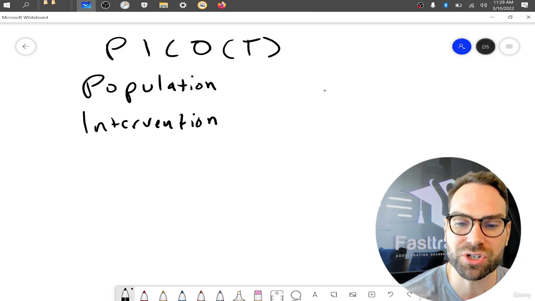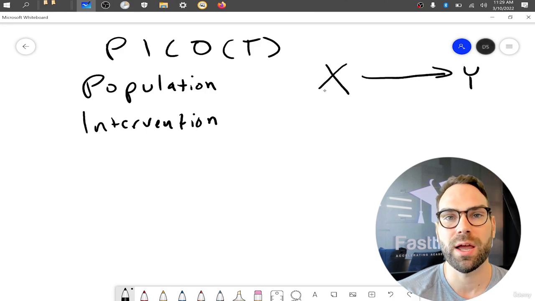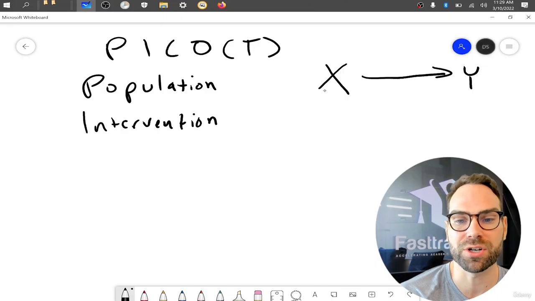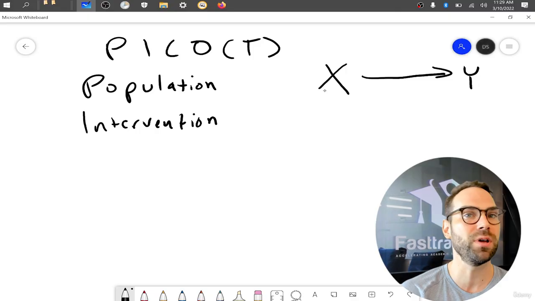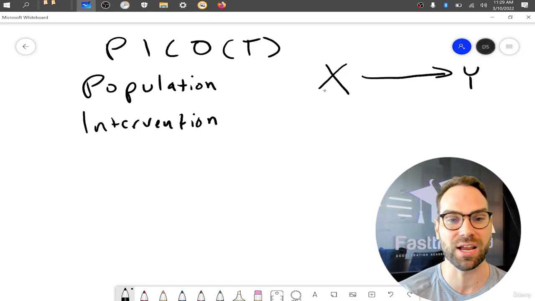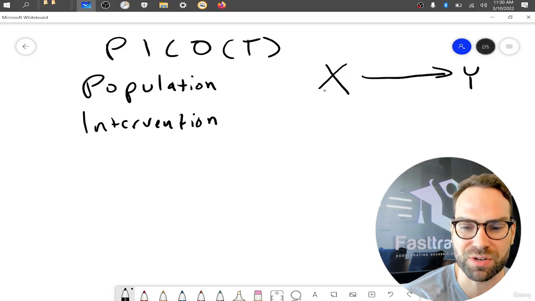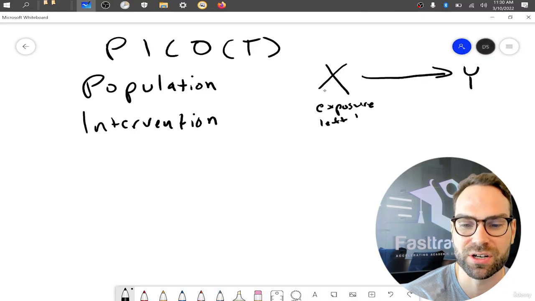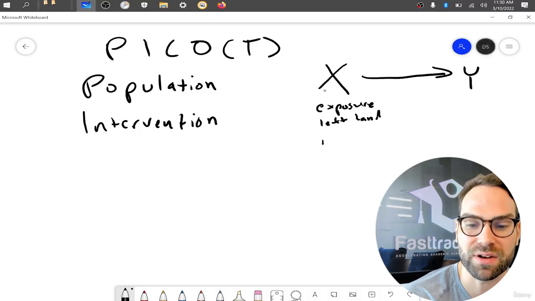A lot of topics are going to follow a simple template where X causes Y, and almost all of your topics are going to have some X that's linked to some Y. I don't want you to be too exploratory, because then you could expand infinitely and it can get very, very complicated. This intervention is this X, and it can sometimes be defined as the exposure, or the left-hand side. Different fields have different terminologies for this: the independent variable or the intervention.